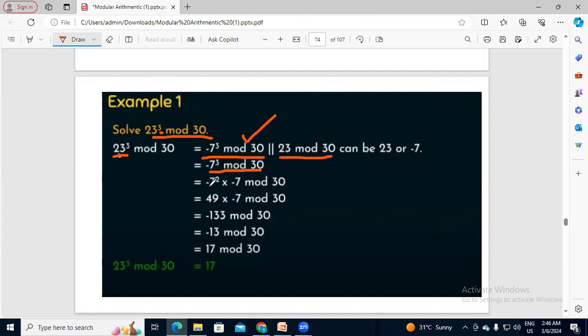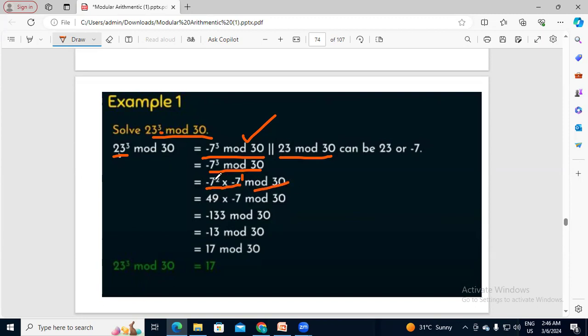So how can minus 7 be represented? Minus 7 to the power 3 is minus 7 to the power 2 into minus 7 to the power 1. When the bases are the same, we add the powers, so 2 and 1 will be 3. Minus 7 to the power 3 can be written like this, mod 30.